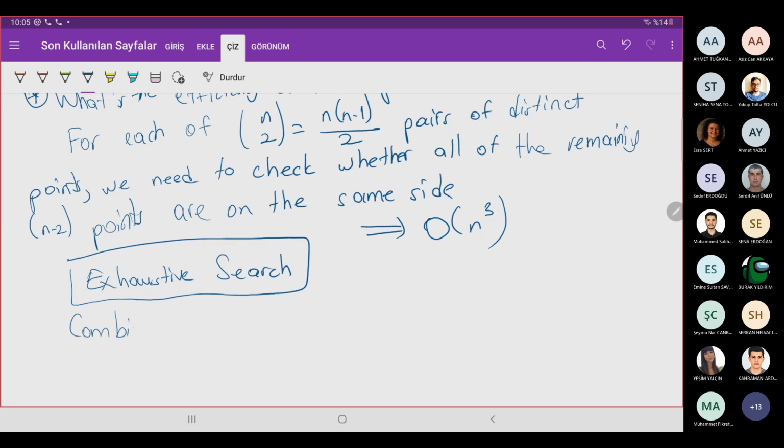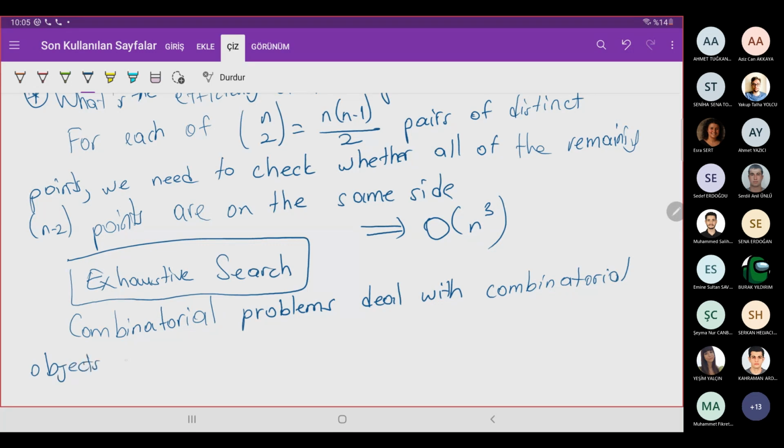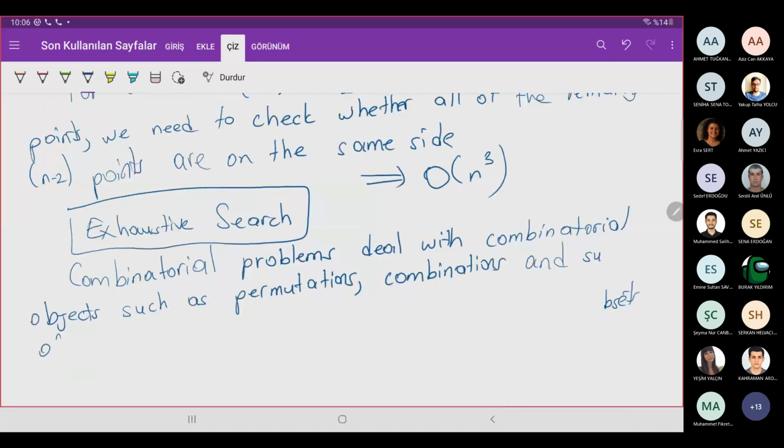Combinatorial problems deal with combinatorial objects such as permutations, combinations, and subsets of a given set. Many of them are optimization problems.